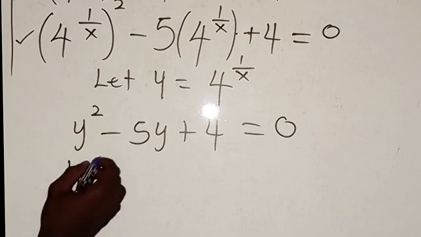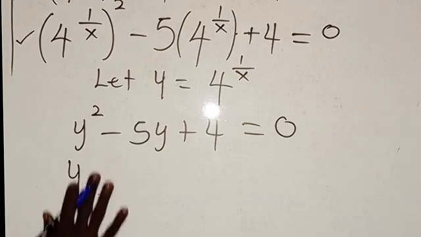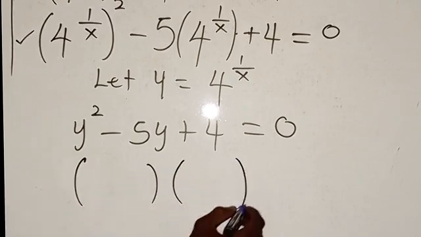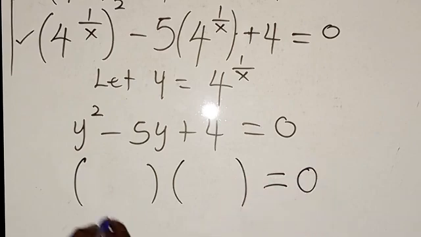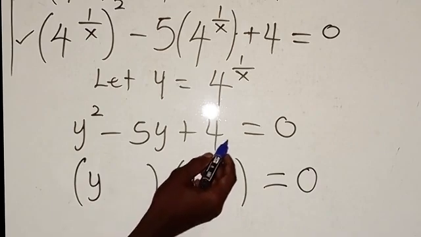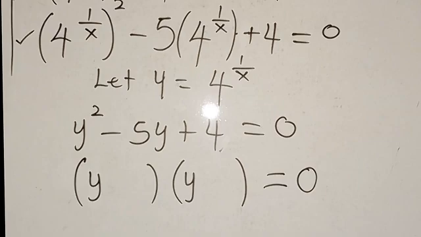So here we factorize, we have y, like this, we have the factorization in this form. This is going to be y, this will be y. We look for the factors of 4. When we multiply them together, we're going to have plus 4. But when we add them together, we're going to have minus 5.